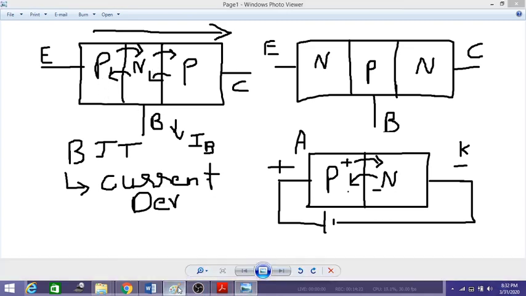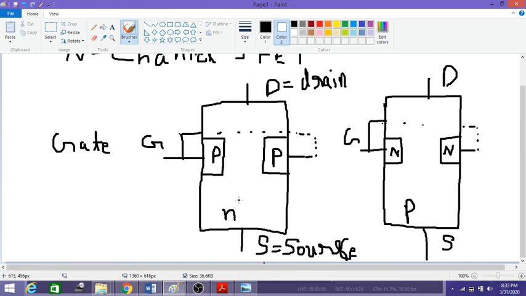But in JFET, we will see the working of JFET. In JFET, either only electrons or only holes will be contributing. For example, in N channel JFET, only electrons will be contributing in the flow of current from source to drain, whereas in P channel only holes are contributing in the flow of current from source to drain.